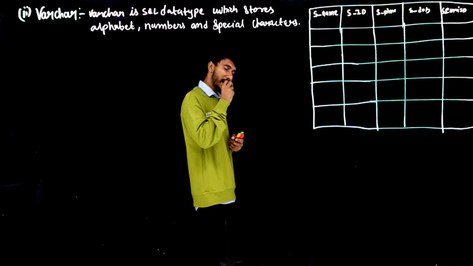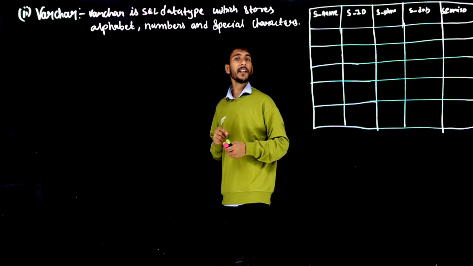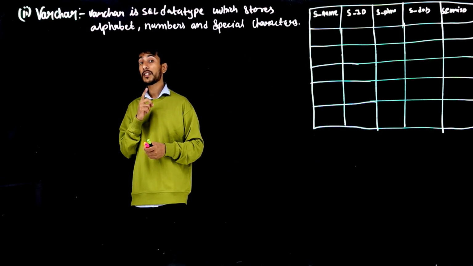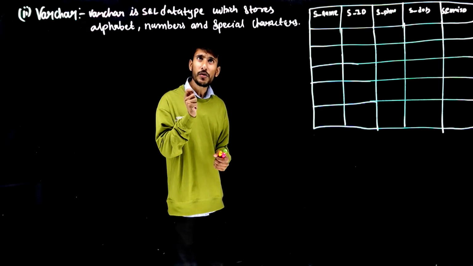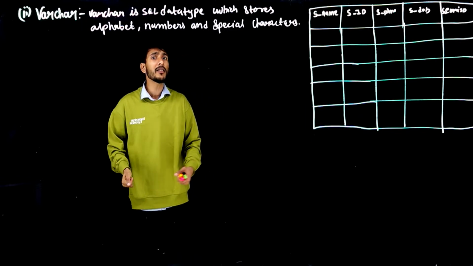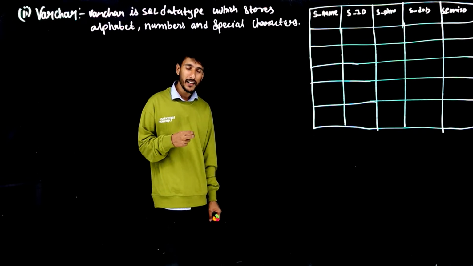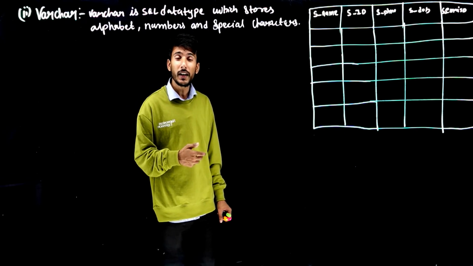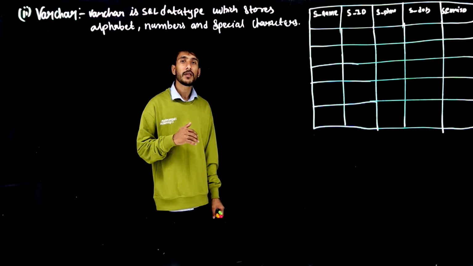So focus, guys. I told you about char. My char data type is of fixed memory allocation. That means it is used to store numbers, alphabet, special characters, even the combination of all these three. But sir, when the data is fluctuating, when the data is varying, what should I use?